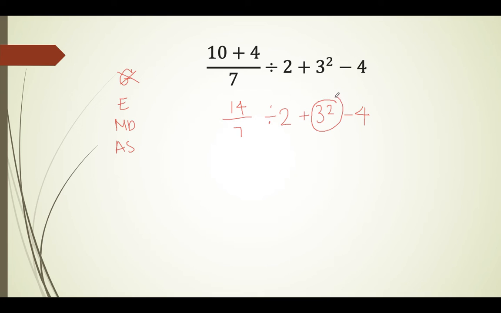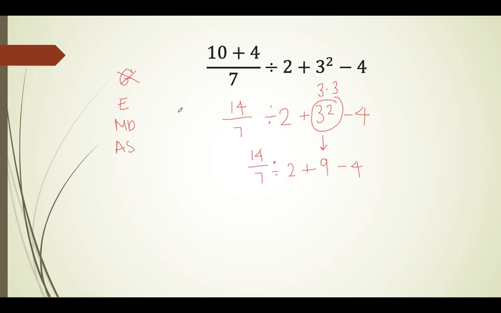I saw one right here. 3 to the power of 2, remember that your exponent tells you how many 3's you're going to multiply, which means 3 times 3. And 3 times 3 is 9. So now my problem says 14 divided by 7 divided by 2 plus 9 minus 4, and I'm just bringing that down here.